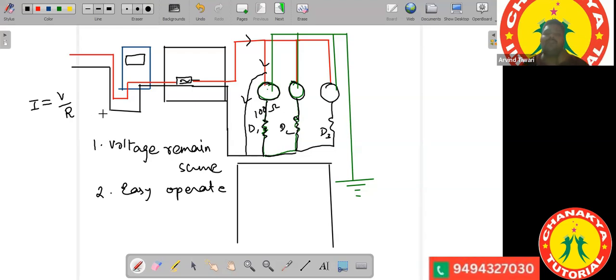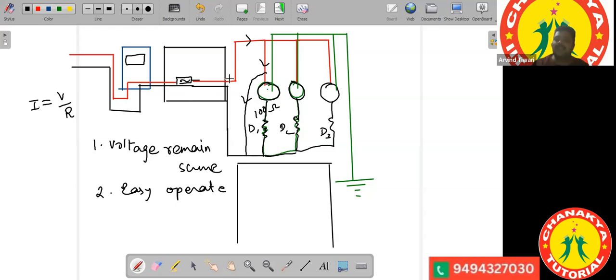So there will be a heavy increase of current, as current is inversely proportional to resistance. Since here the resistance has decreased and become almost zero, there will be a heavy increase in the current.